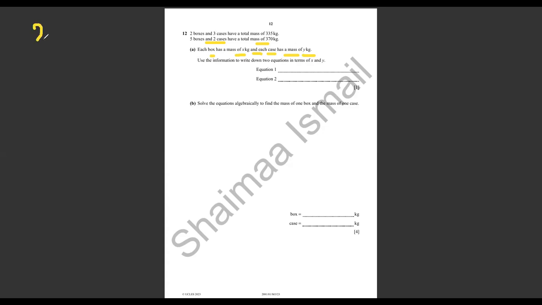So 2x, mass X, and case equals Y, and plus 3 cases, which is 3y, equals 335. And here 5 boxes, which is 5x plus 2y equals 370.